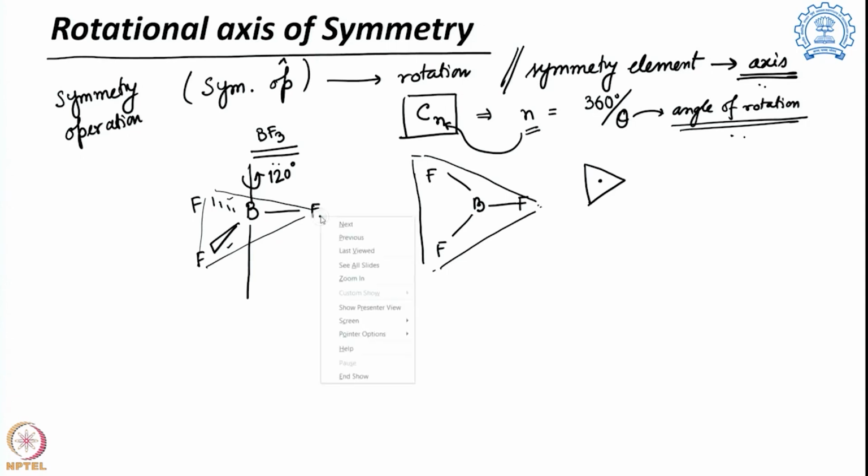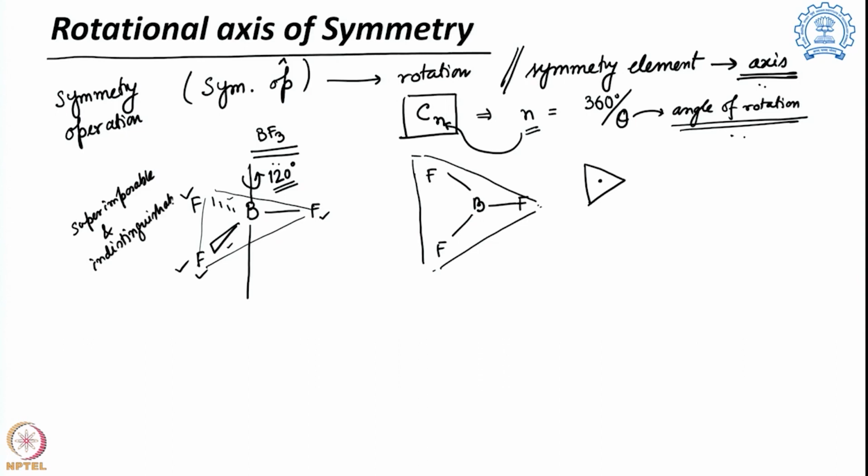For example, this fluorine will go to this one, this fluorine will come to this, and boron is not even changing its position. After a 120-degree rotation, I get a superimposable and indistinguishable structure, and that says yes, I have a rotational axis of symmetry over here.